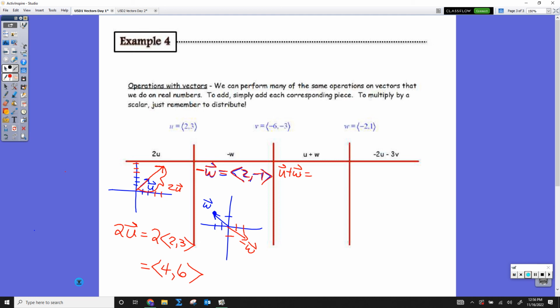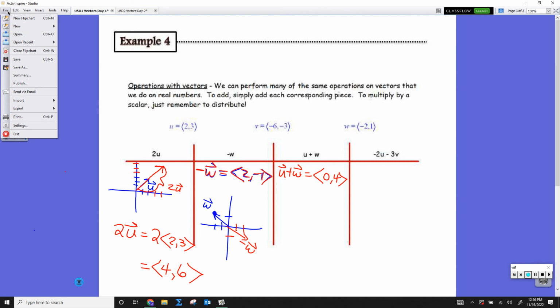What'd y'all get? 0,4. I completely agree, 0,4. All right, I'm going to go down here and use this space. I'm going to open up another space. You can fit yours right here, but I just want to make sure we can see it really well. Is everybody good with 0,4?